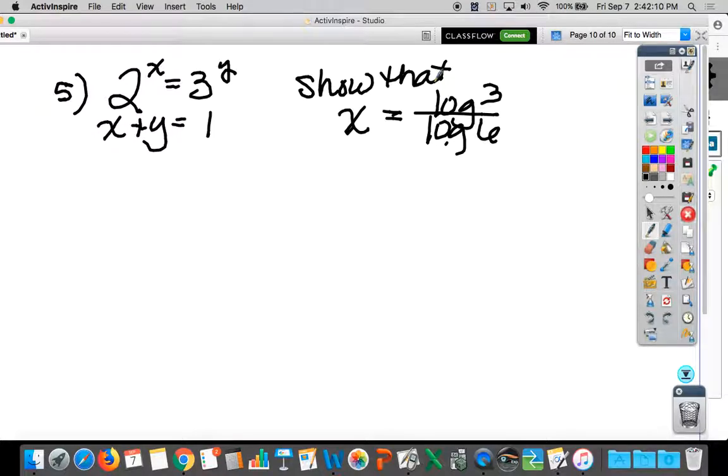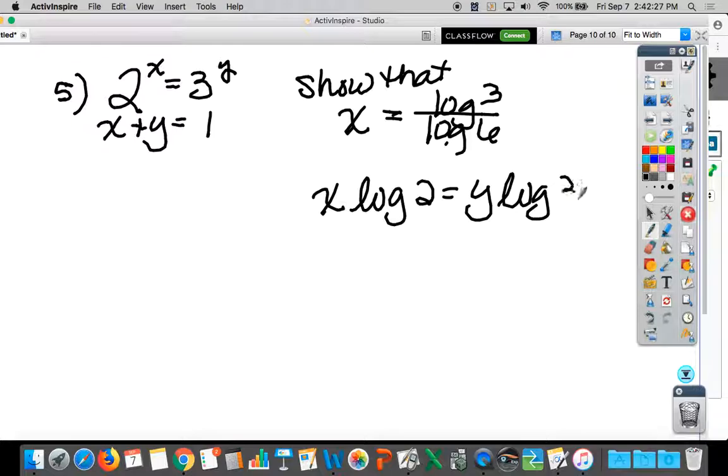Okay, I tried to work it as elimination, and I think I got somewhere. Okay, tell me how you worked it. I put the log in front of the 2 and 3. Okay, and you did x log 2 equals y log 3, and then x log 2 minus y log 3 equals 0.